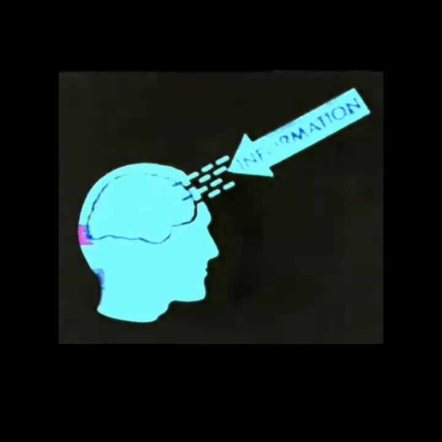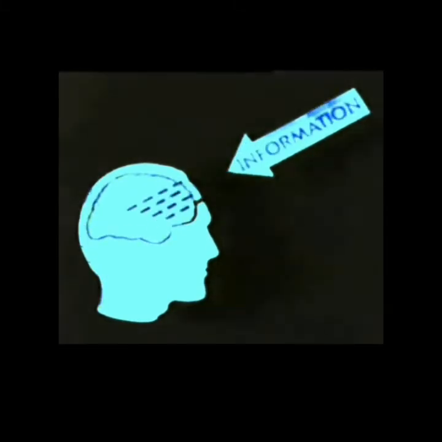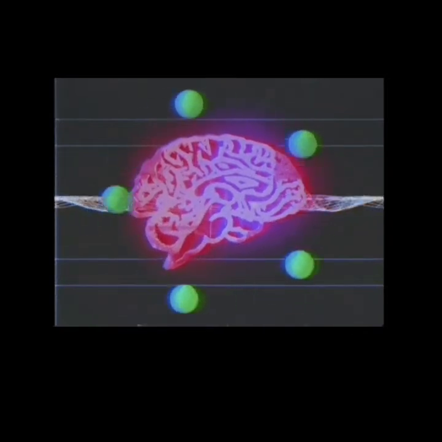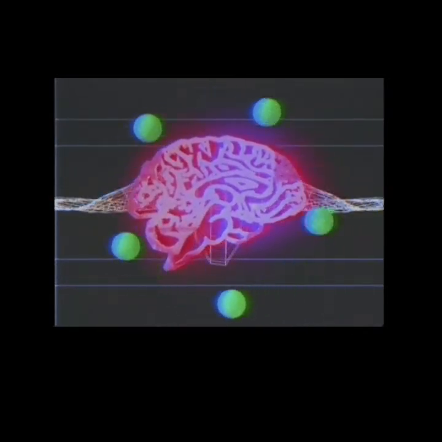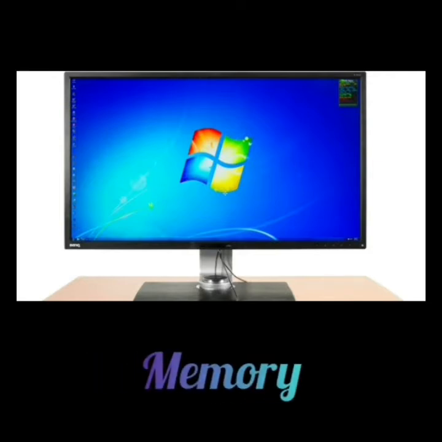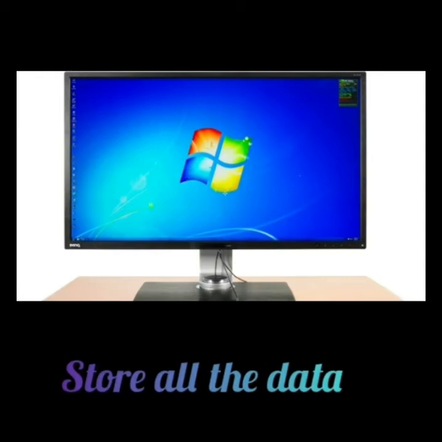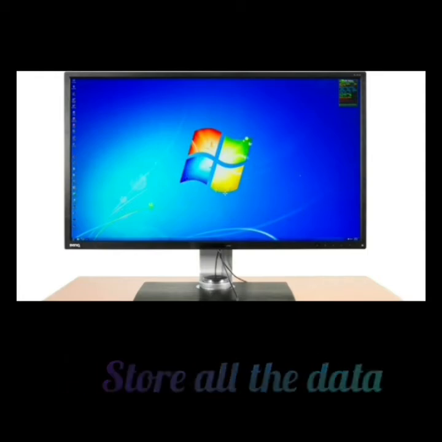So students, tell me how we can remember everything? Yes, right, because we have a brain. Similarly, the computer also has a memory which is used to store all the data and instructions.